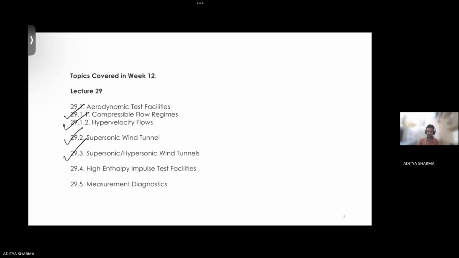I should draw the schematic when we discuss concept based questions. For the time being, I'm just mentioning the components of the setup. So this is a shock tunnel.